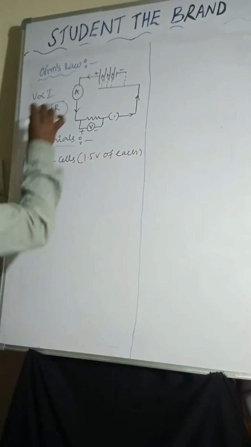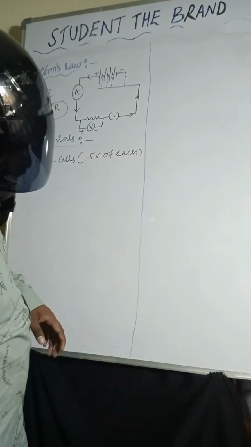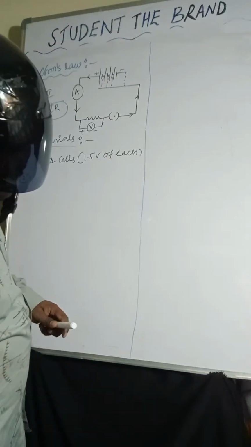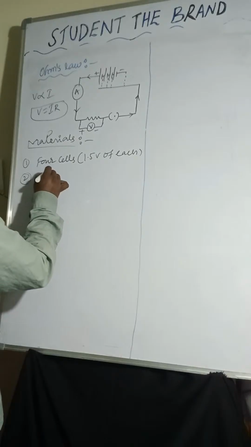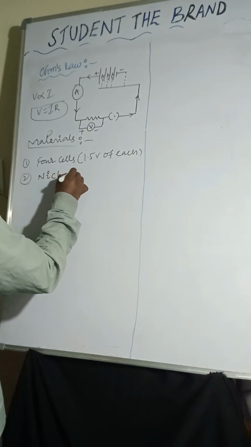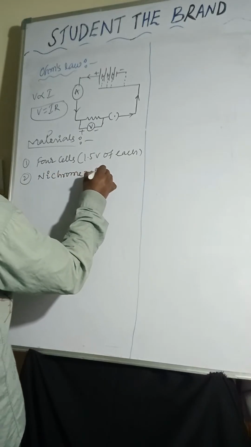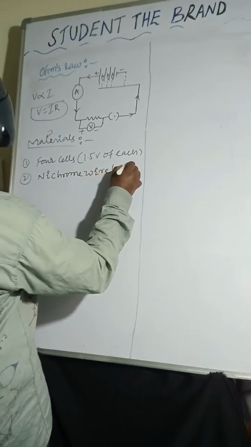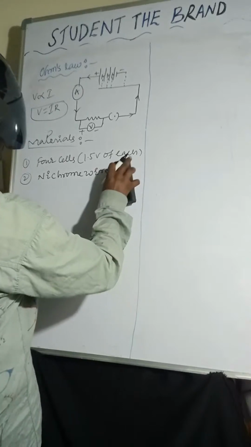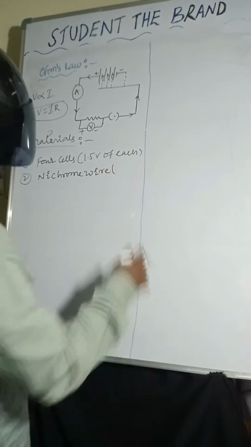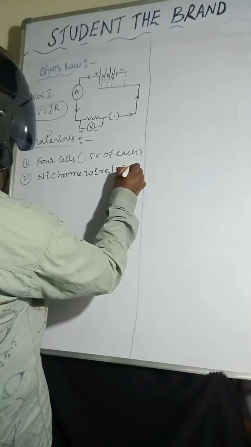Second one is nichrome wire, 0.5 meter length.